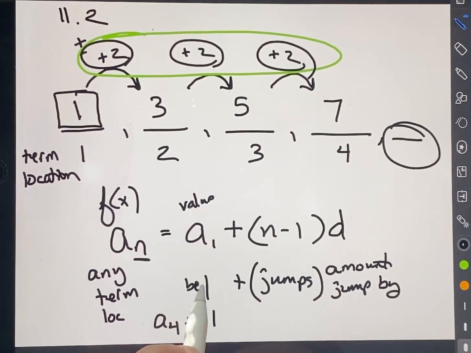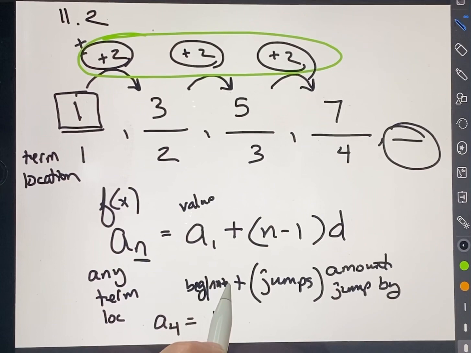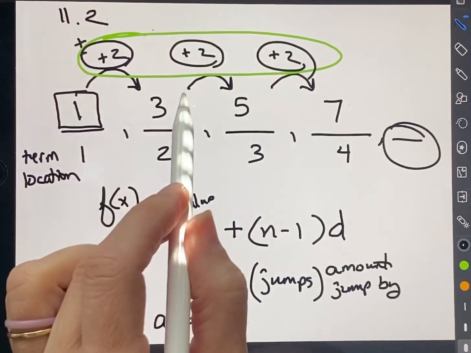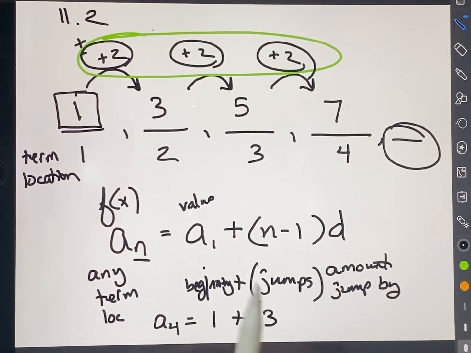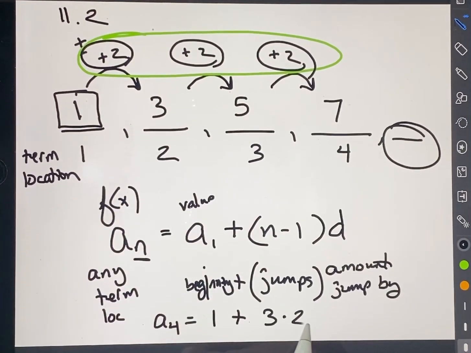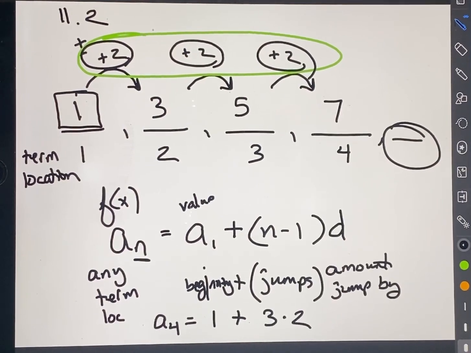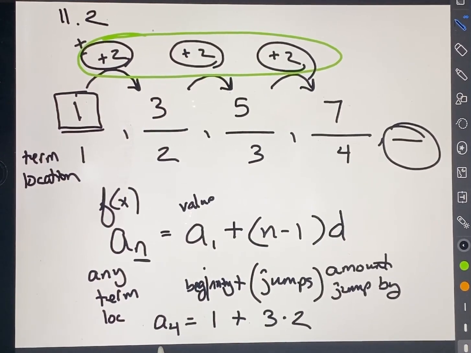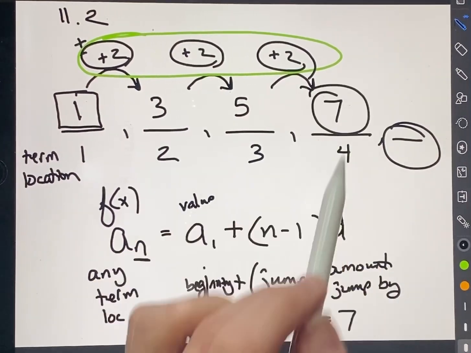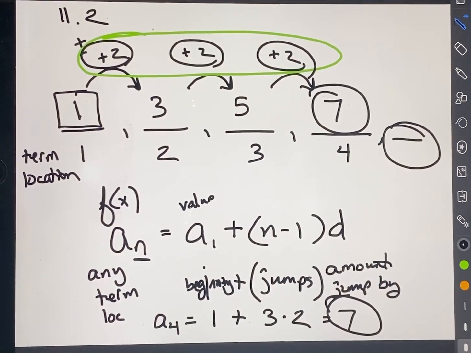So this is the beginning. Our beginning term plus I would jump 3 times, and I am jumping 2, adding 2 every time. So this would tell me that 1 plus 6 equals 7, and we got the same answer.